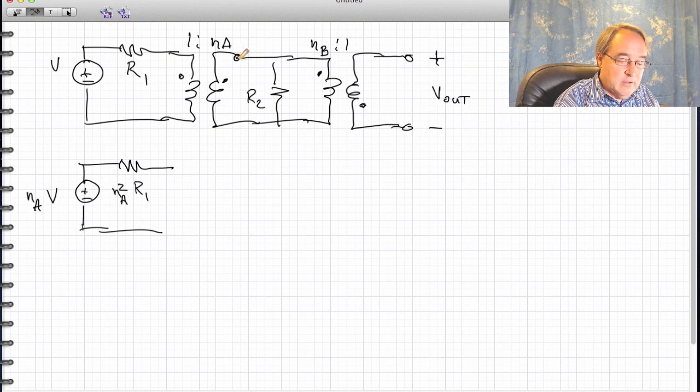That's what we see effectively between the secondary terminals of this first transformer. Okay, so then I'll copy the rest of the circuit after that.